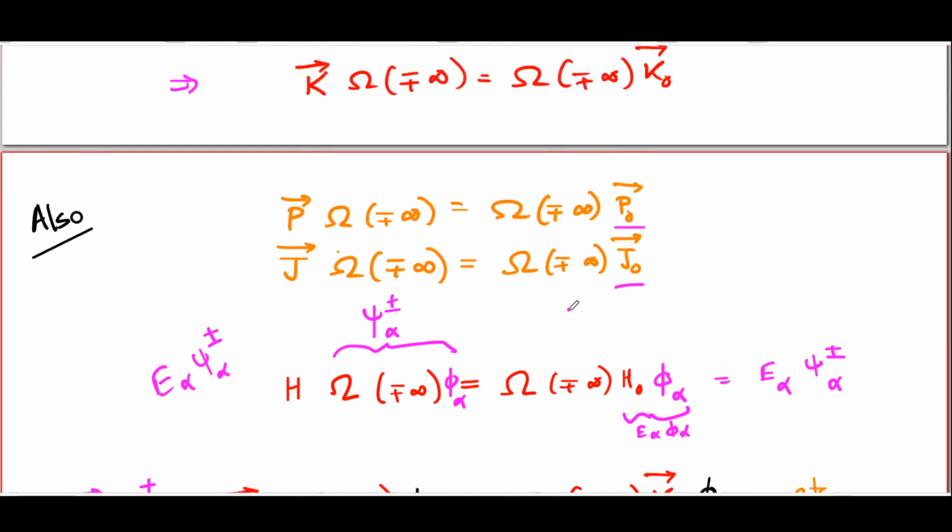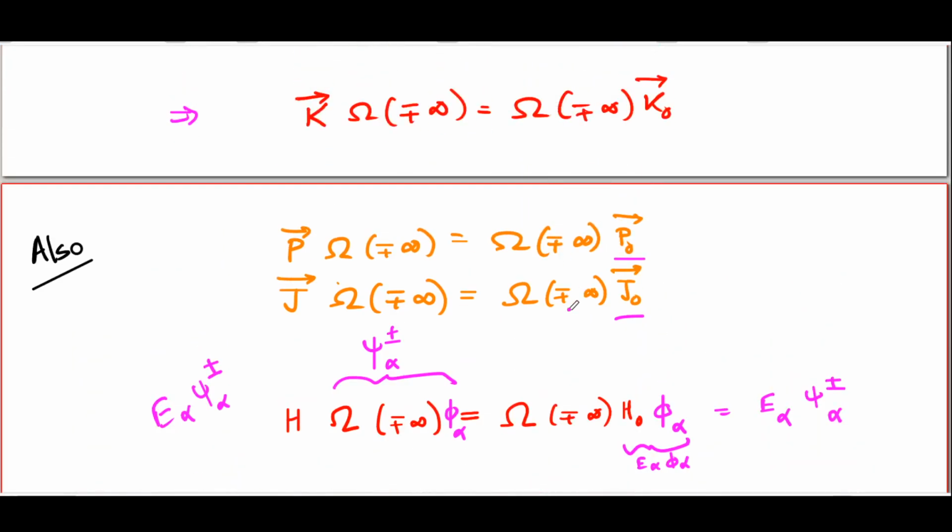And the reason for that is simple. These relations that we have just found out, these four relations actually, can simply be rewritten to say that K, for example, is omega minus plus infinity, K0, omega dagger minus plus infinity. In other words, K is related to K0 through a similarity transformation. So is P, J and H related respectively to P0, J0, H0.